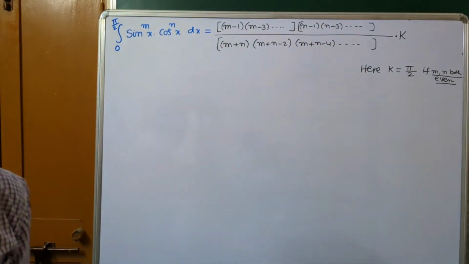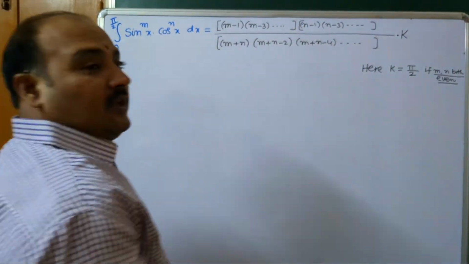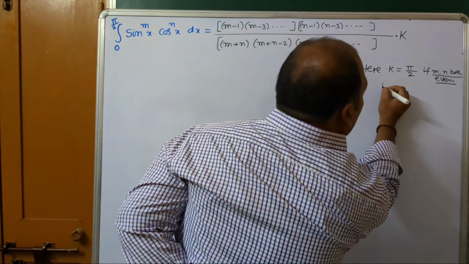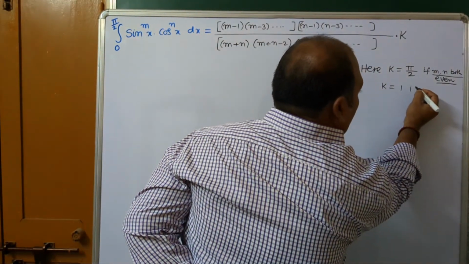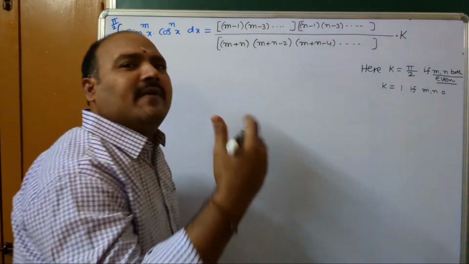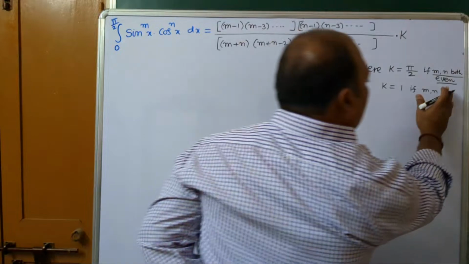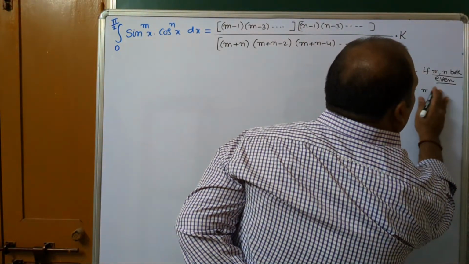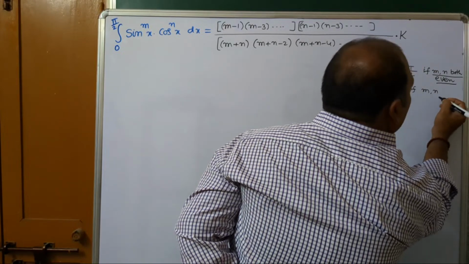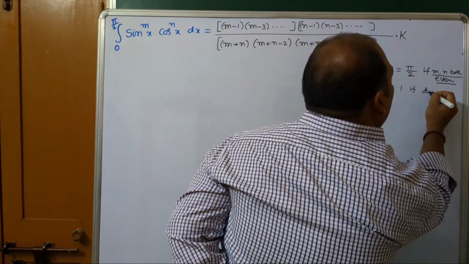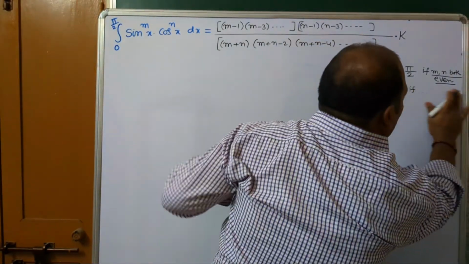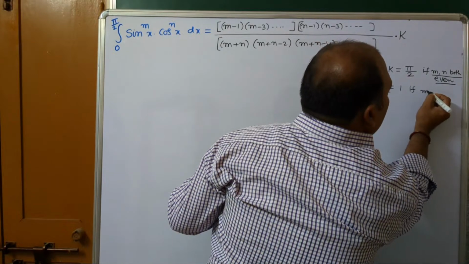K value is pi by 2 if both m and n values are even numbers. K value equals 1 for different values of m comma n, other than both cases. Otherwise I will write it in different cases.